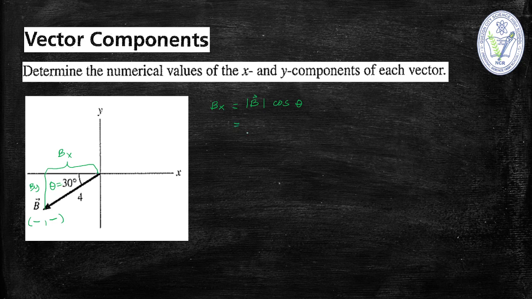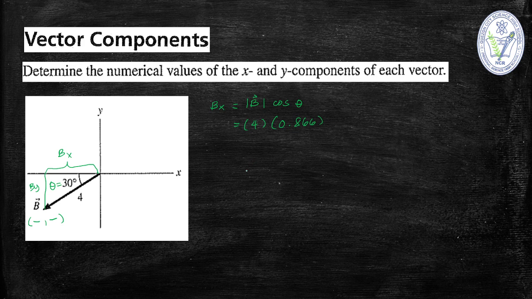So to solve for the x component of b, we have 4 times cosine 30. Cosine 30 is 0.866 times 4.